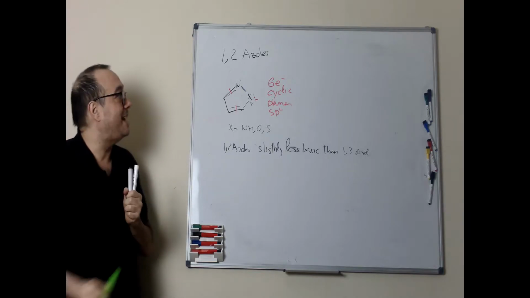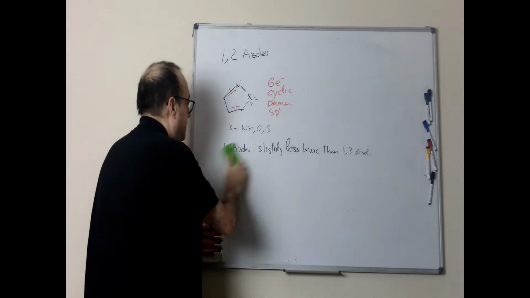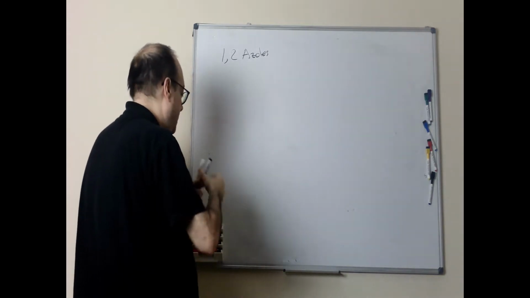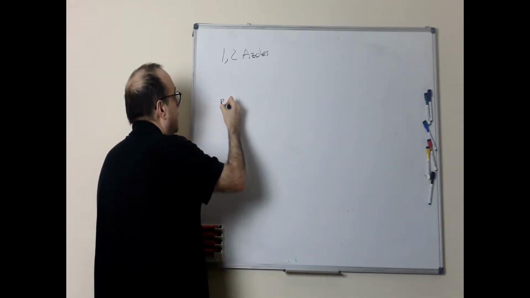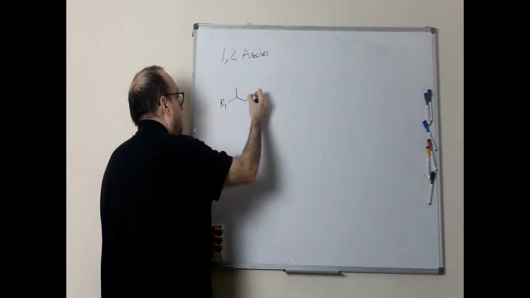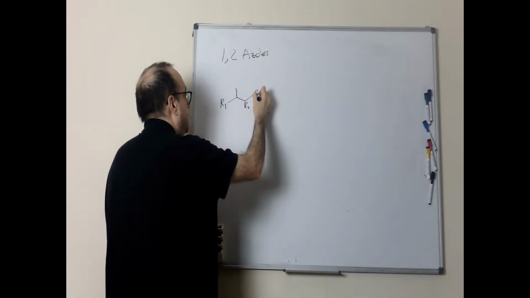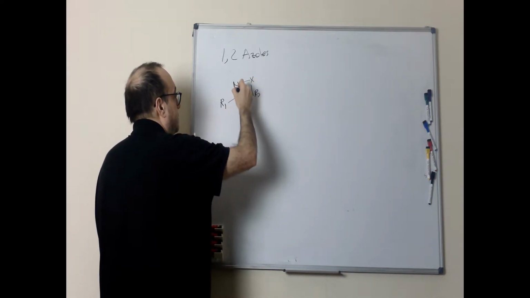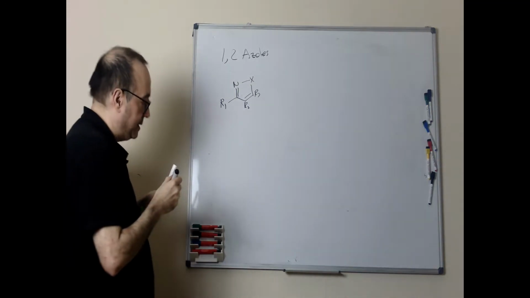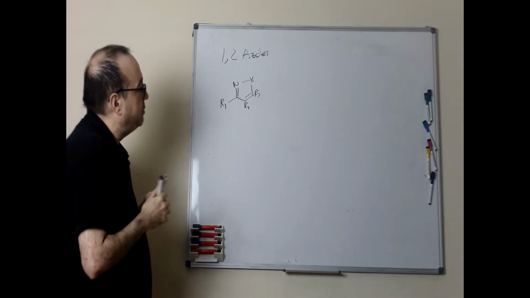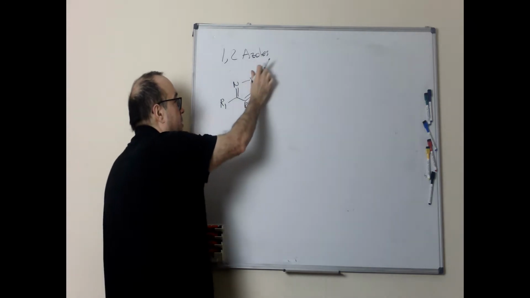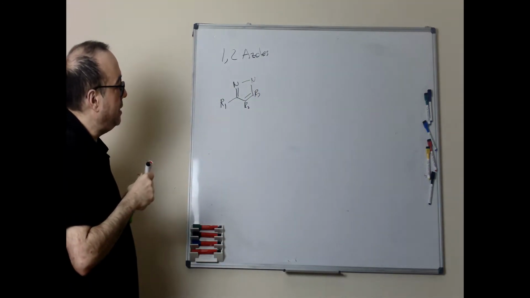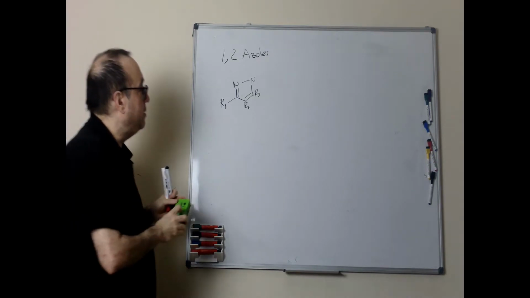Well, how can we synthesize 1,2-azoles? If we check the structure of a 1,2-azole, okay, this is the structure. The first thing that we can do is, for example, we put 2 nitrogens in order to do it easily.